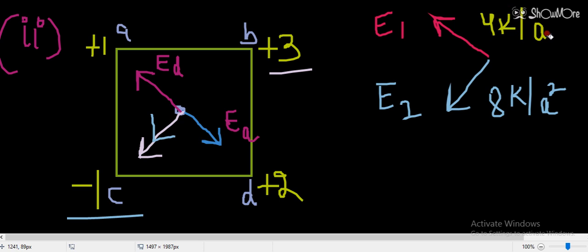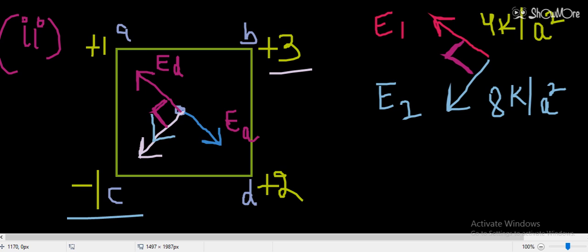Now these two are not equal, but the angle between them is 90 degrees. That's why I was taking questions of a square only, because in a square this angle is 90 degrees, and it is easy to find the resultant. Otherwise in rectangle-type questions you will obviously face some difficulty.